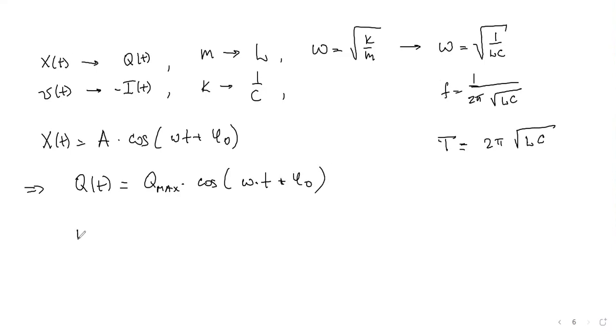Then the current as a function of time is negative. Let's keep this negative sign, even if this is just a direction. The derivative of the cos would give a minus sign, but I have a negative sign, so that's going to be omega q max sine.